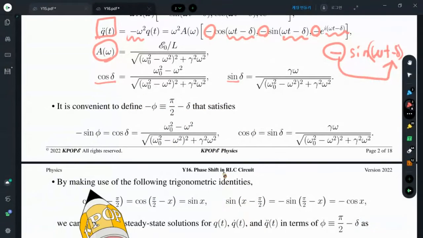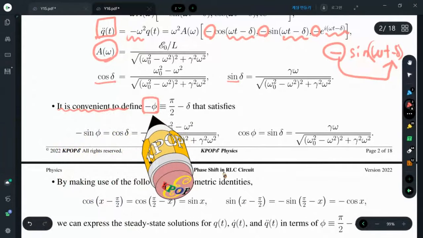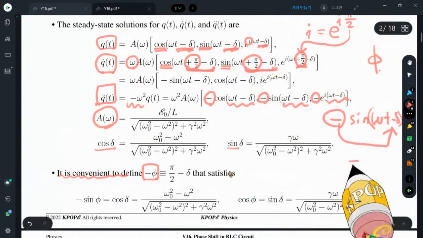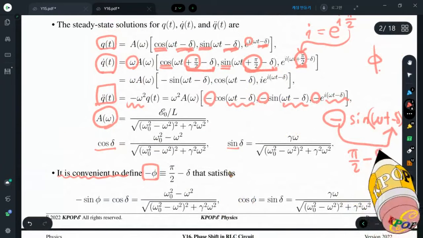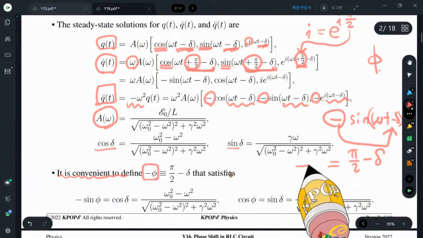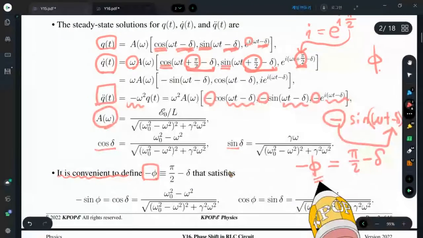Now, we change the variable, because I don't like to write half a pi minus delta so many times. Instead, why don't we write this one as minus phi? This is not an azimuthal angle. This is just a phase constant.